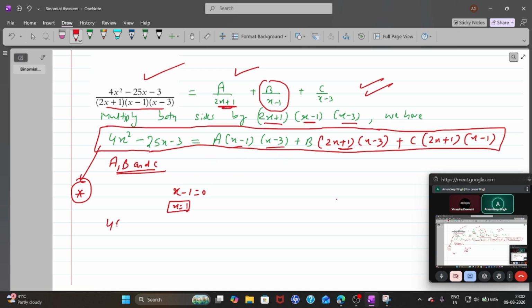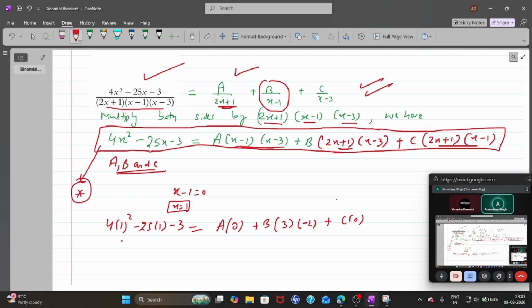We get 4 into 1 squared minus 25 into 1 minus 3. If I substitute x equal to 1 here, then I'll get A into 0, and B into 3 into minus 2 gives, hmm, the A term is 0, right?